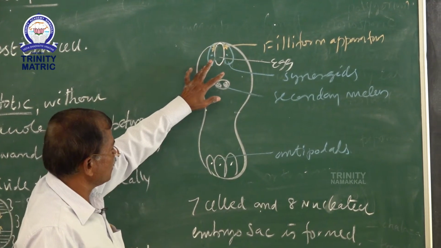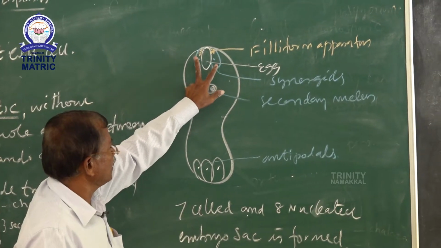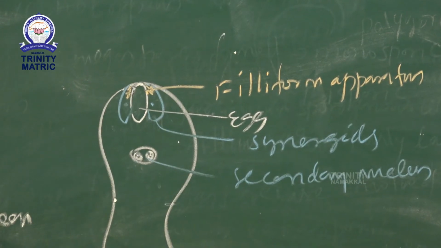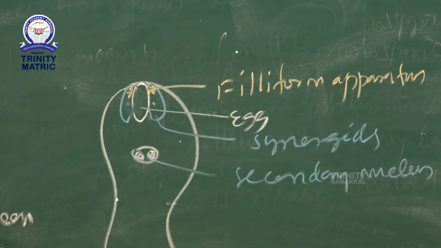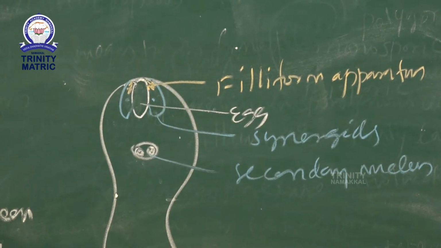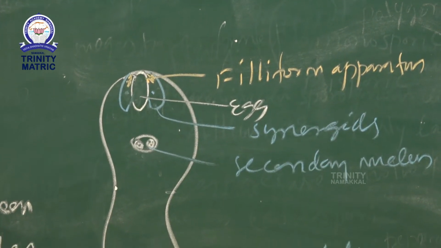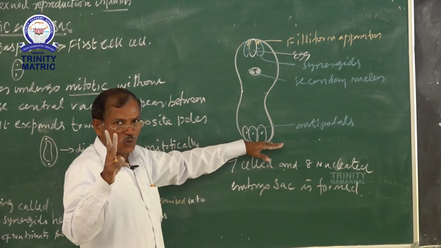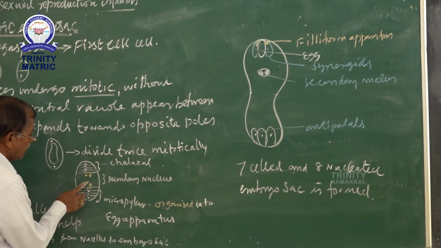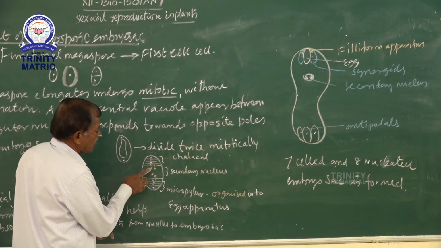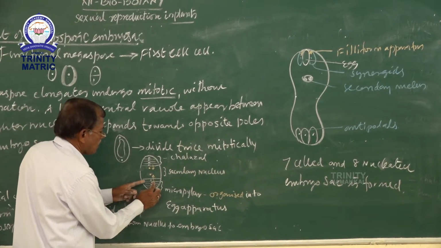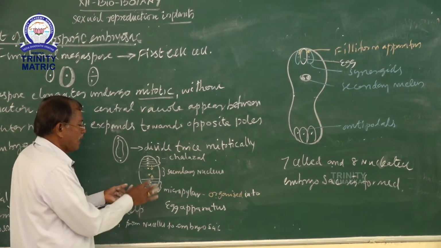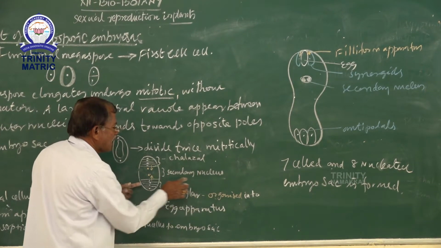The egg apparatus consists of an egg cell and two synergids. At the chalazal end, of the four cells, three cells form the antipodal cells. The remaining two cells move towards the central cell and unite to form the secondary nucleus.